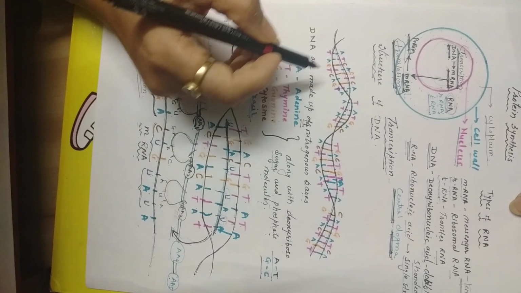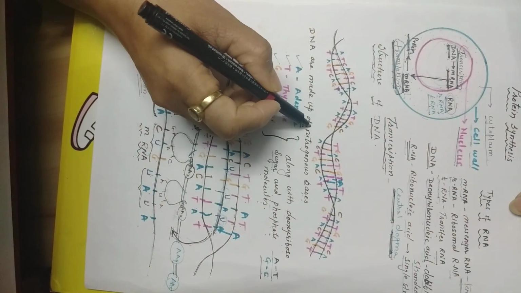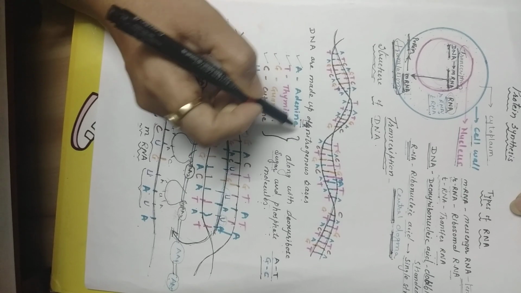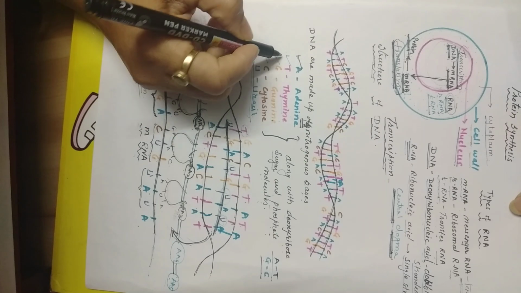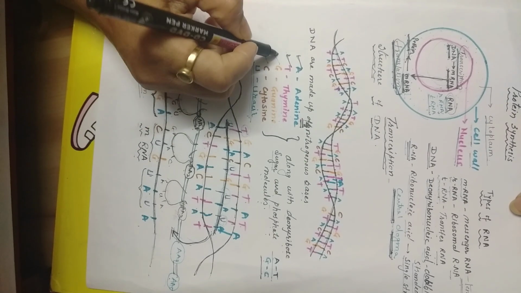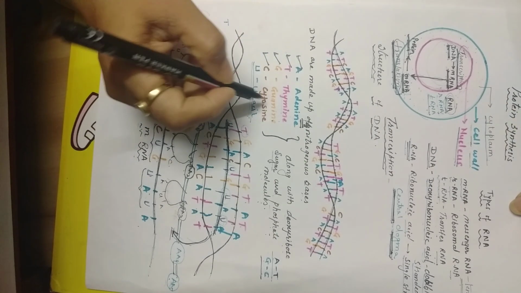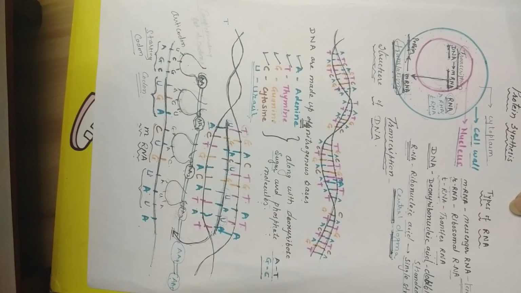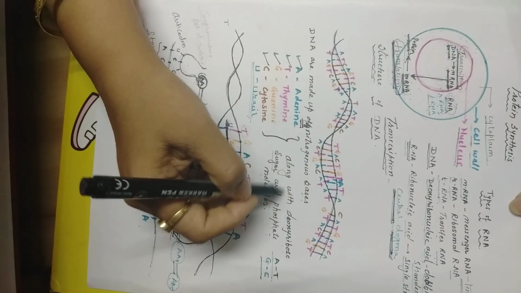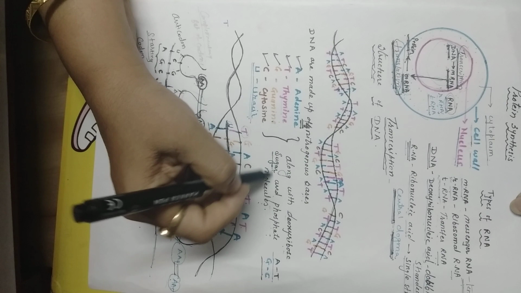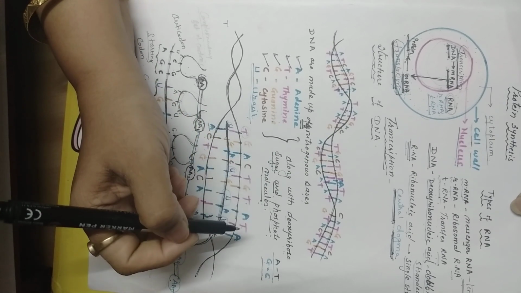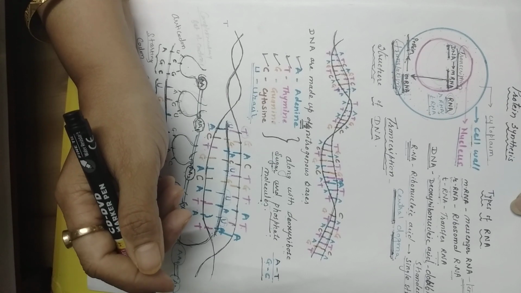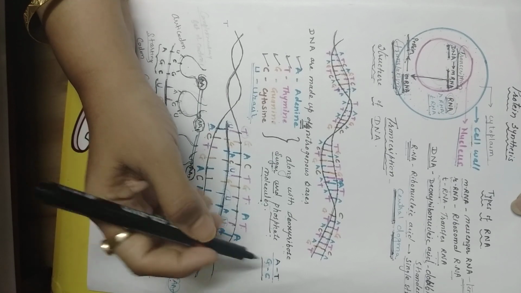They are adenine, thymine, guanine and cytosine. 4 nitrogenous bases are present along with deoxyribose sugar and phosphate molecules.